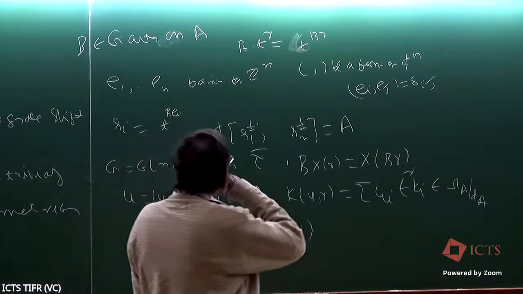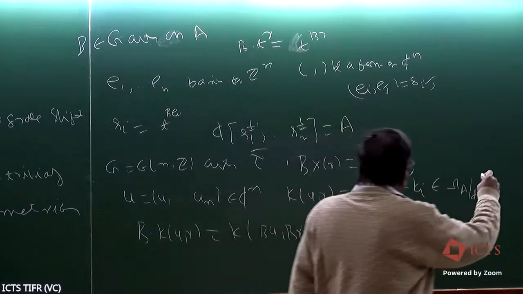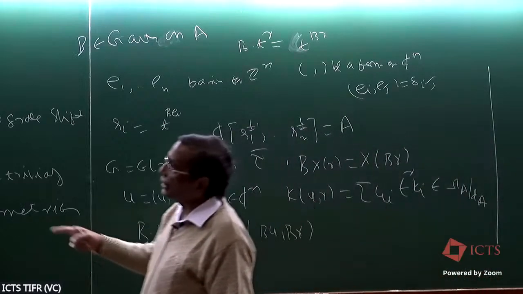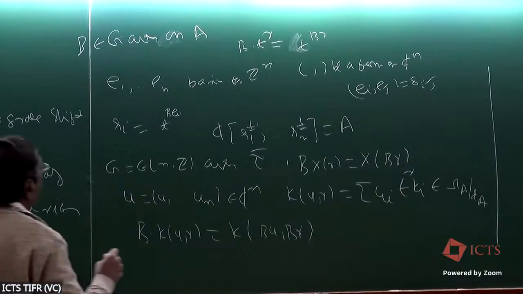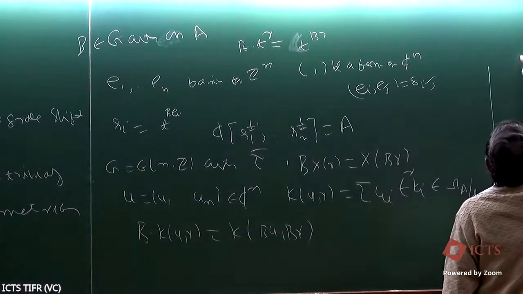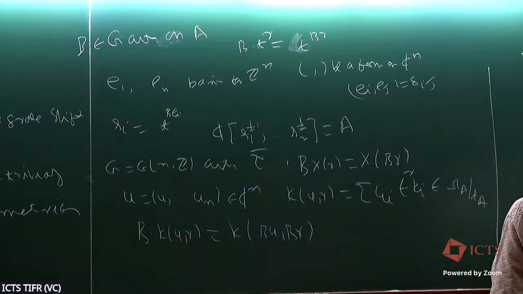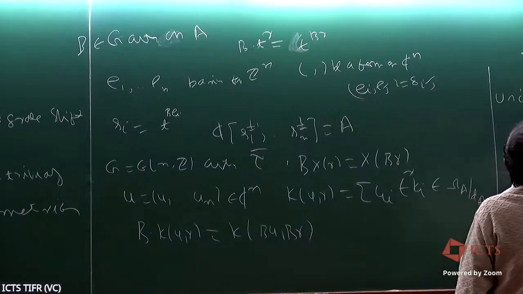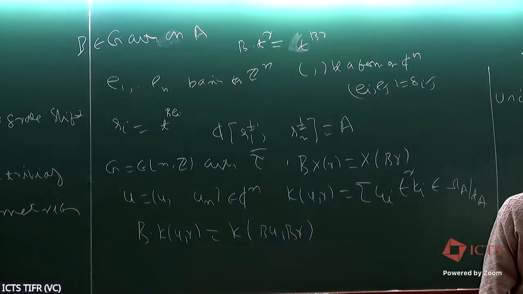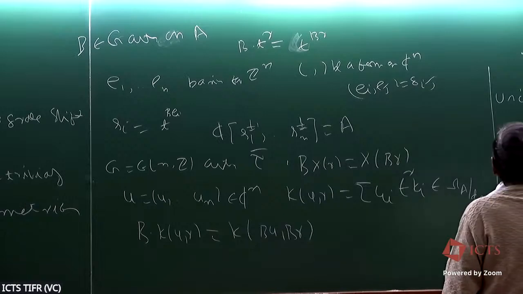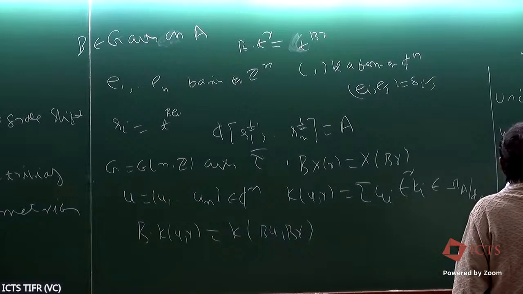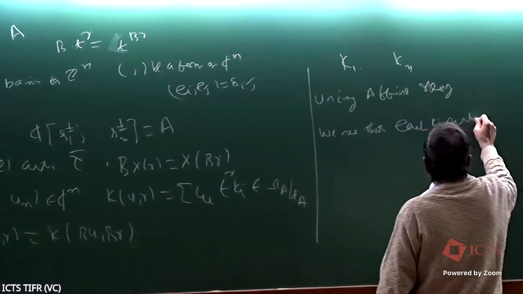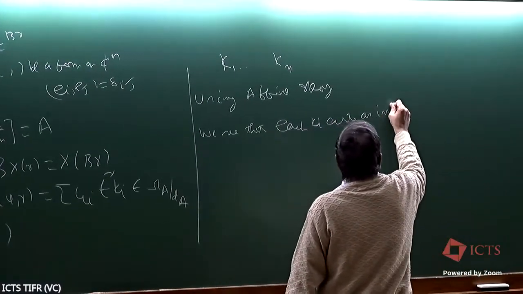So, okay, now you have this 0-degree center operators. There is an infinite set, but 0-degree center operators are finite. So they are actually K1, ..., Kn. So using affine theory, we see that each Ki acts as integers, an integral module, not otherwise.